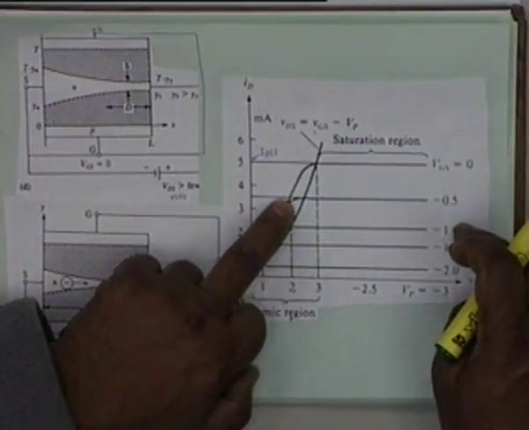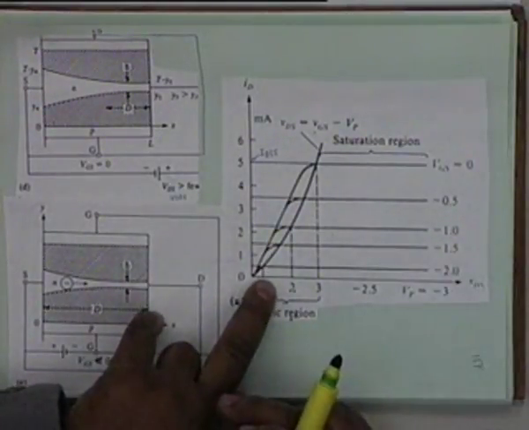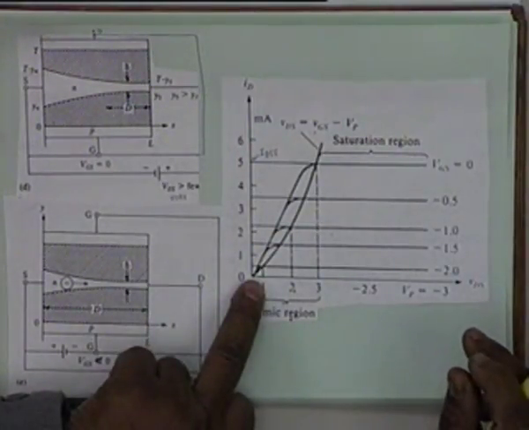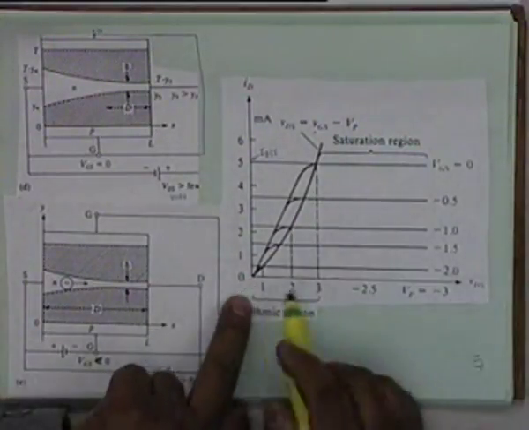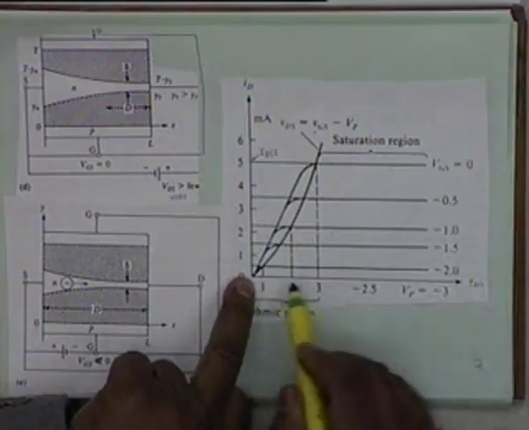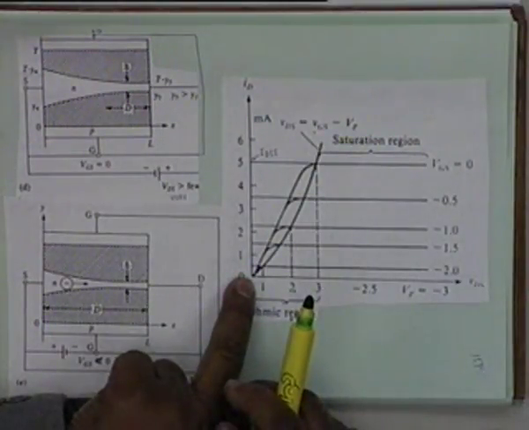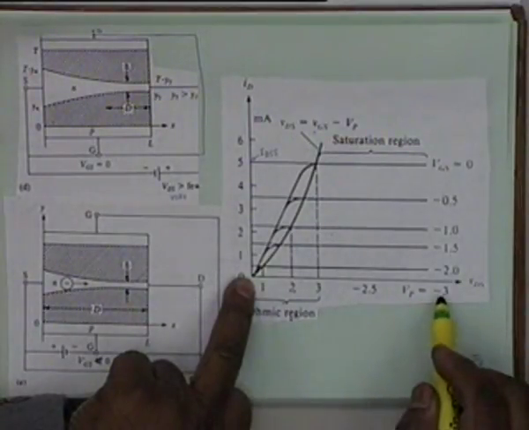Similarly, if you increase it to minus 1, minus 1.5, minus 2 and so on, the current will continue to decrease till VGS reaches the pinch off voltage. And at the pinch off voltage, no current shall flow, and this line, the VDS line, is the line for VGS equal to VP, and VP here is minus 3 volt.